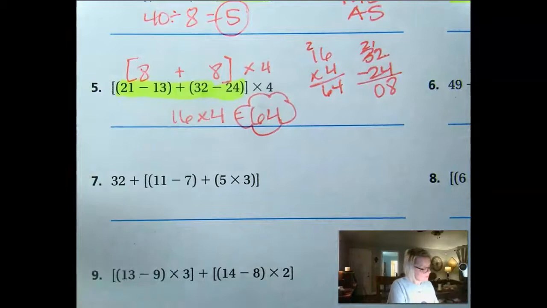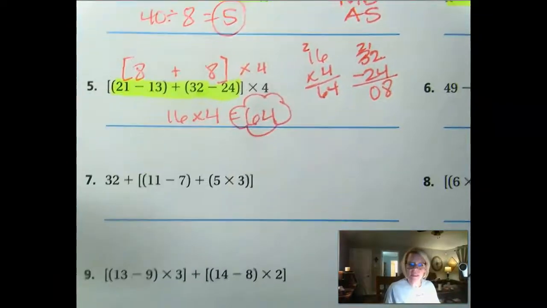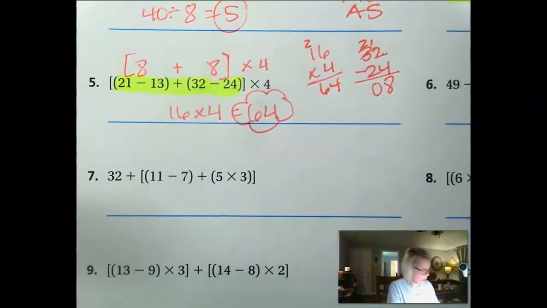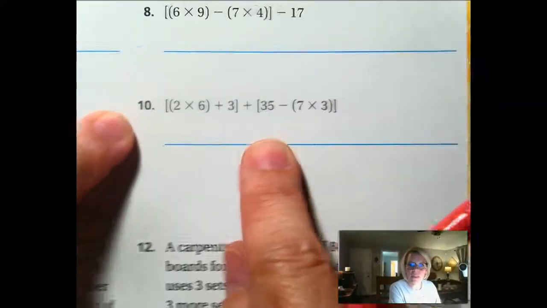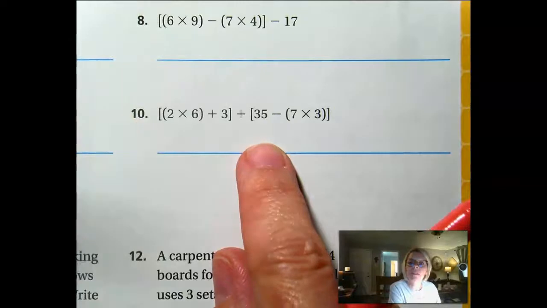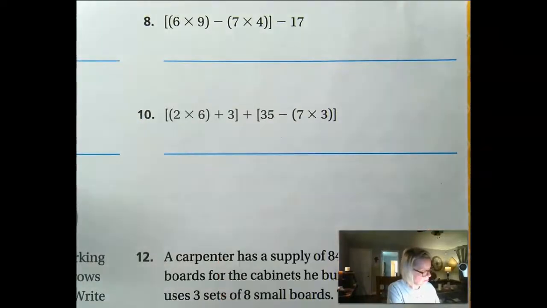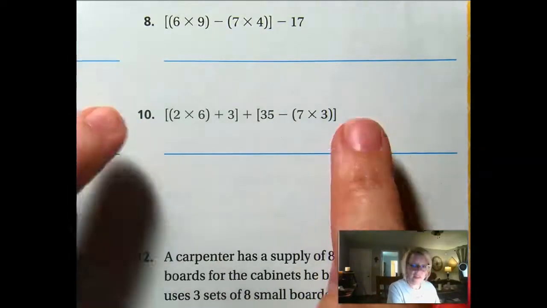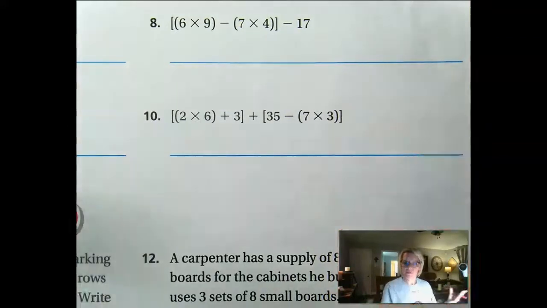Okay. All right, friends, let's do one of these other ones. Go down to this really last one. Look at that. We got a lot going on here. I love it. Okay, so we have parentheses, brackets in 2 different places. We have brackets on the left.